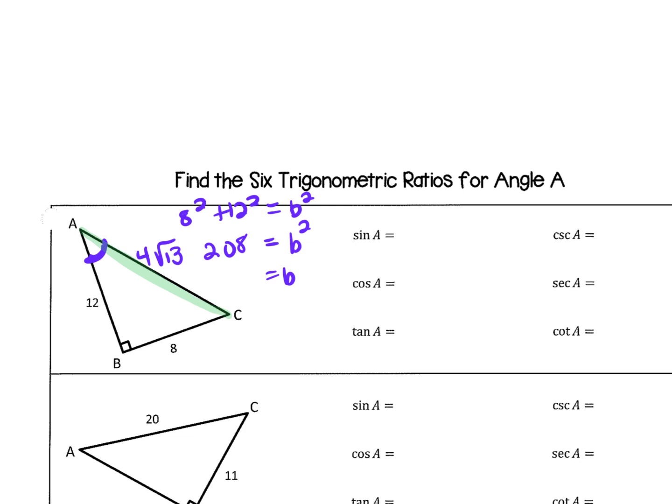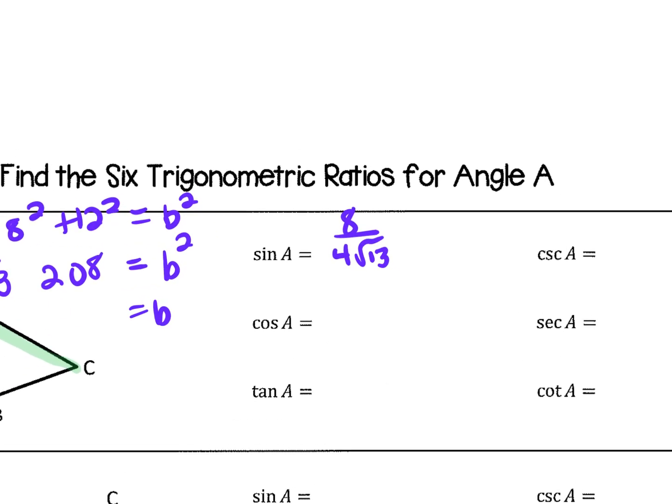Okay, so is it 12 over 4? For sine of this angle, we want to go opposite, which means across. So it's 8 over the hypotenuse, which is this 4 root 13. Right? There you go. This can simplify.